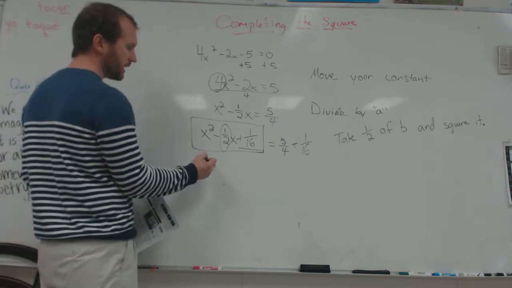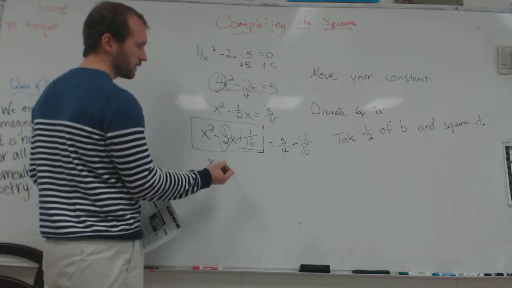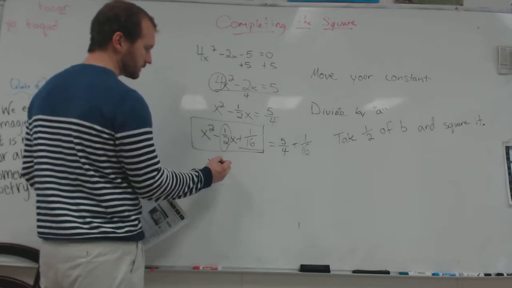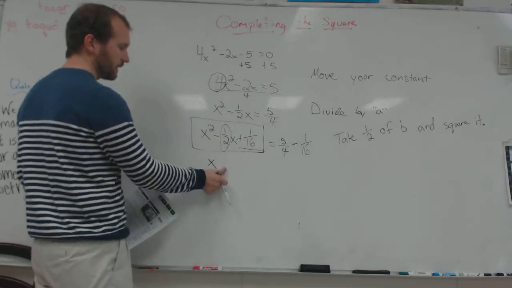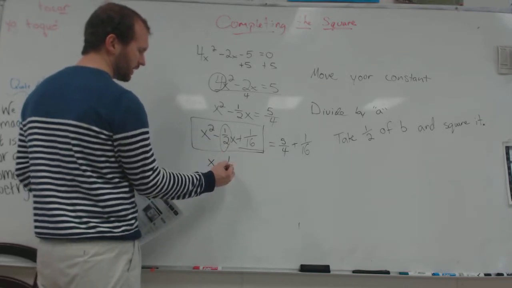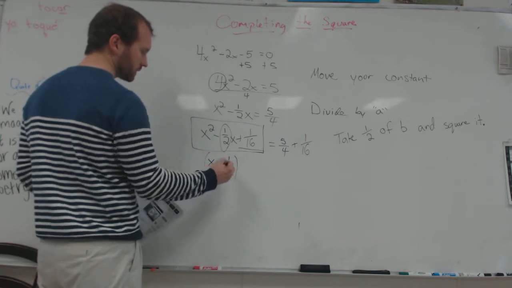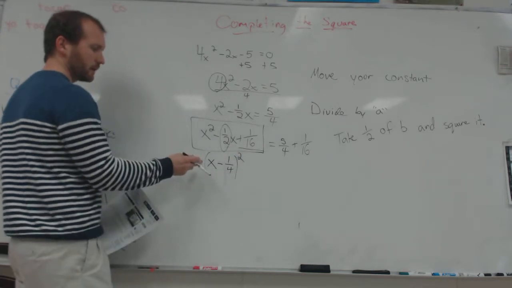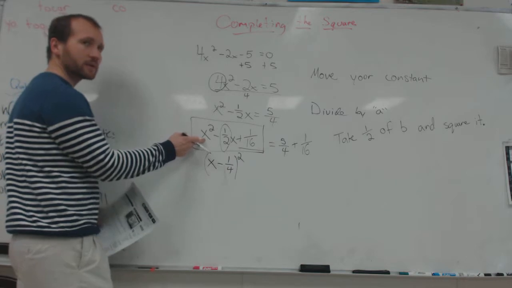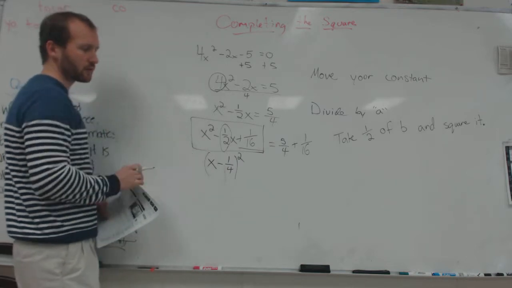So, I should now have x plus, actually, in this case it's minus, x minus 1/4 squared should be the factored form of this side, if I did everything correctly.